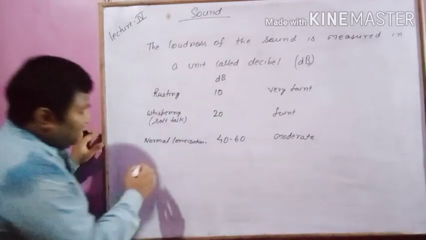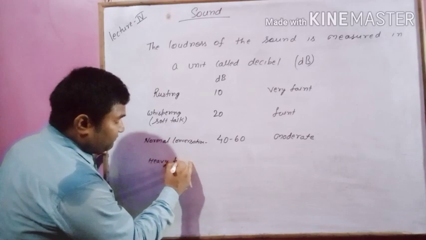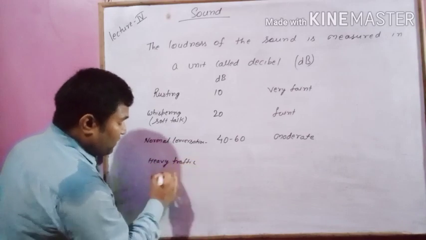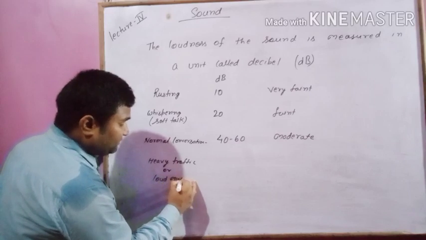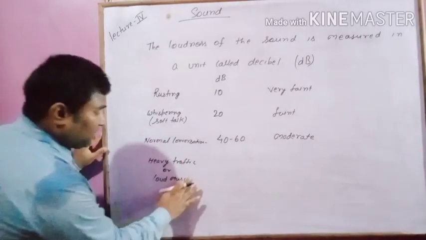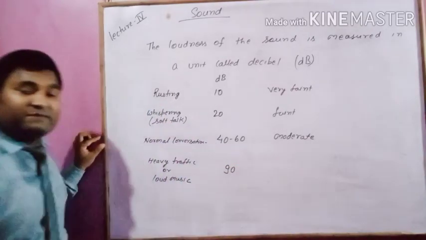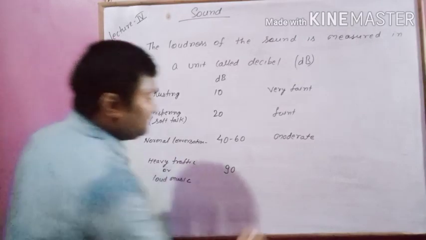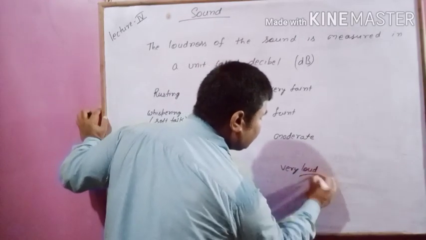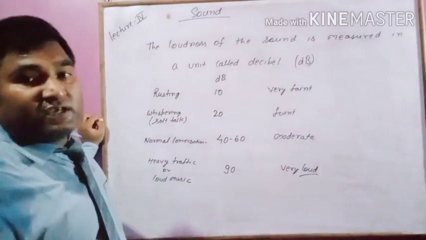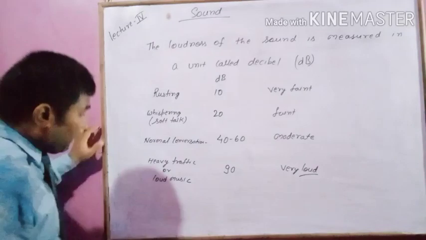Sound of heavy traffic or loud music is around 90 decibel and this is considered as very loud. The sound which is near 90 decibel is very loud.